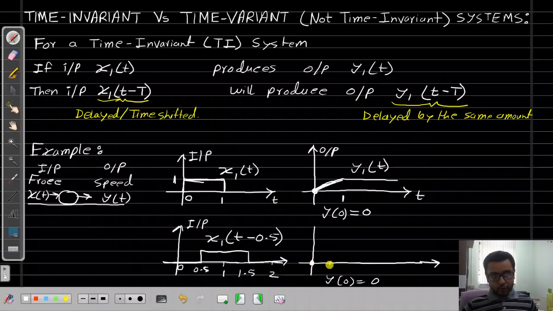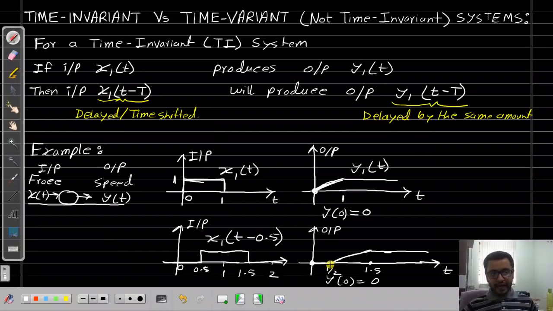Then up to time equal to half, no force is there, so speed remains 0. From time half to time 1.5, speed will increase, and then here it will become constant. So this is how the output will be.